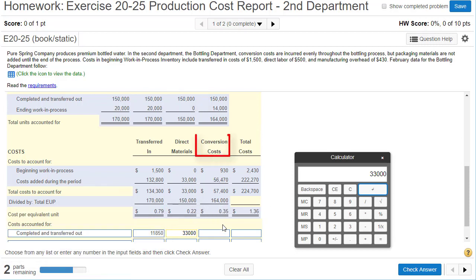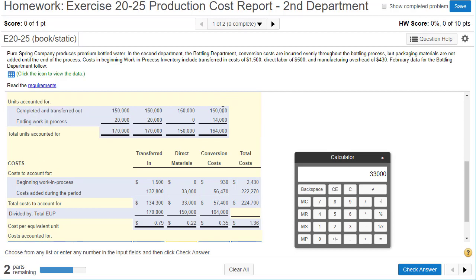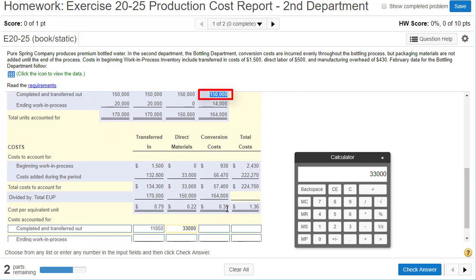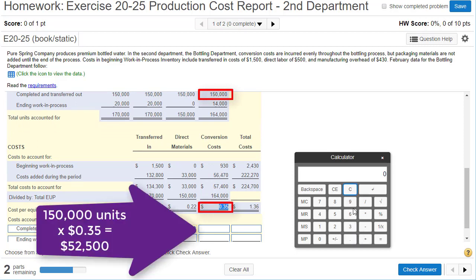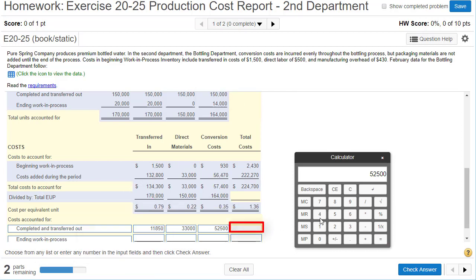And then for conversion costs, we're going to take 150,000 times 35 cents, 0.35, which gives us 52,500. And then our total costs, you're just going to add these three up.